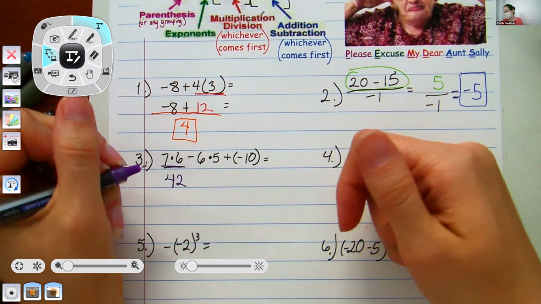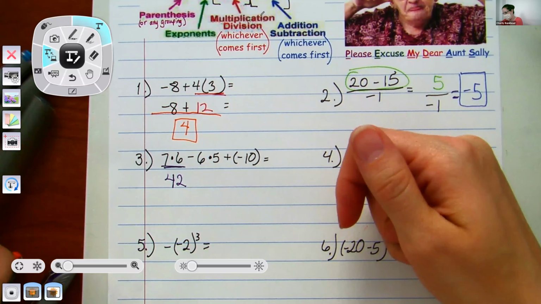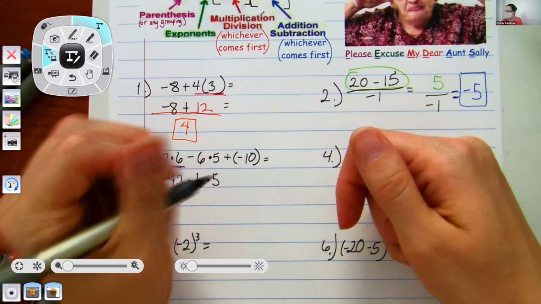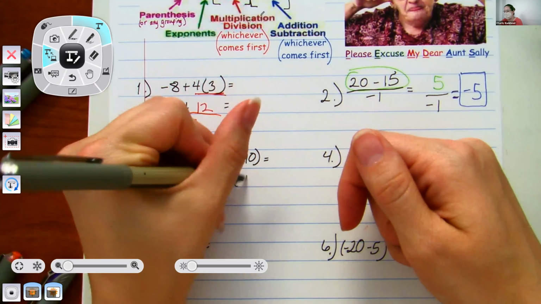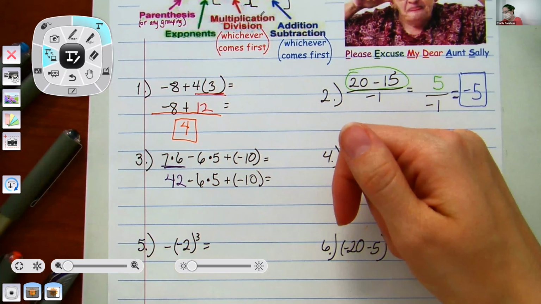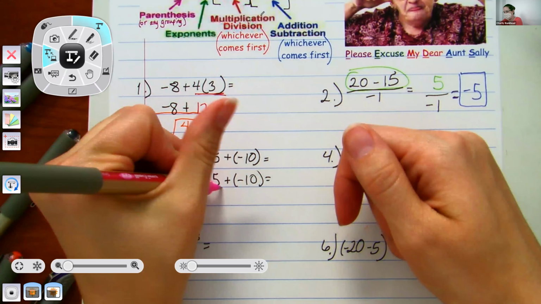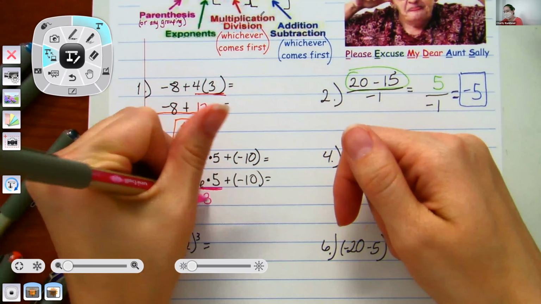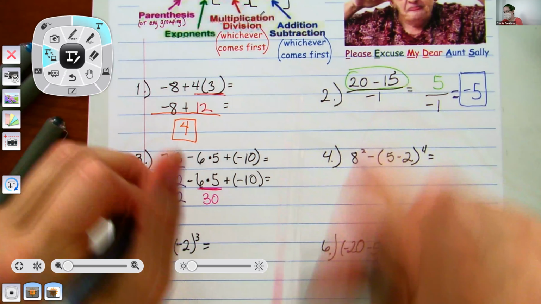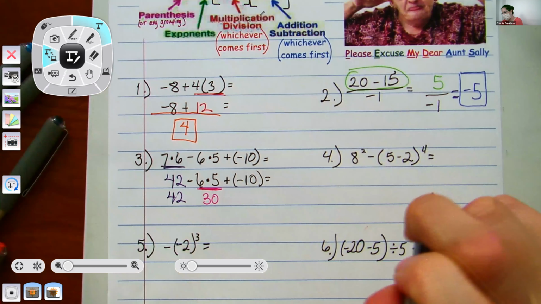And I'm going to just bring the rest of it straight down. So 42 minus 6 times 5 plus negative 10. And then next I will multiply 6 times 5, which equals 30. And then bring everything else down. So I have 42 minus 30 plus negative 10.